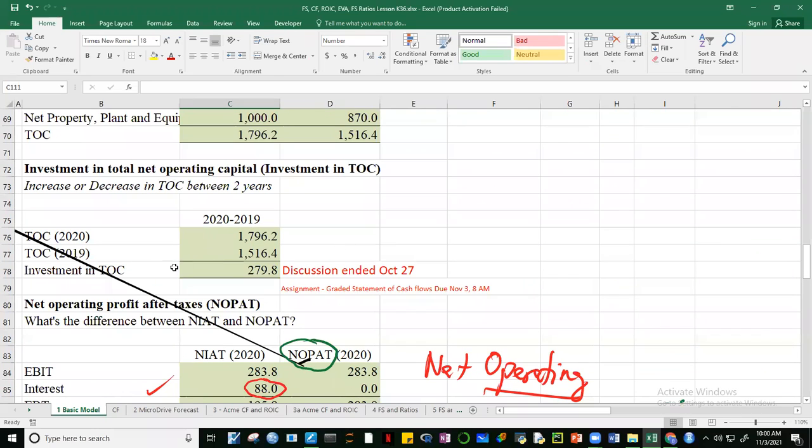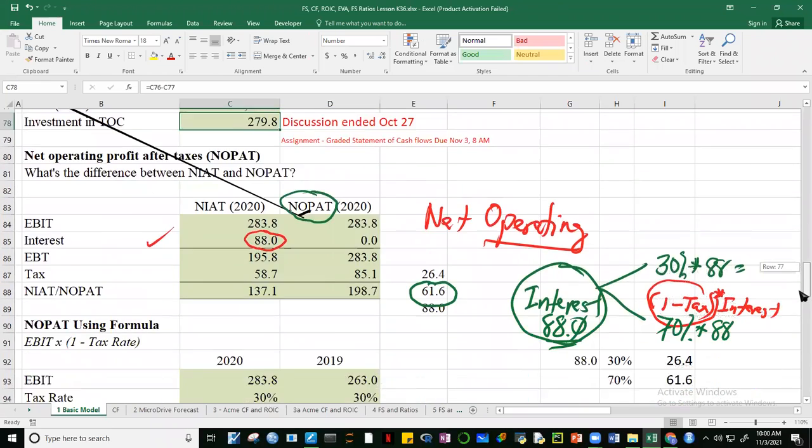Because at the start of the year, total operating capital was 1516. At the end of the year, it became 1796. There was an increase of 279.8. So this was the investment in operations, 279.8.